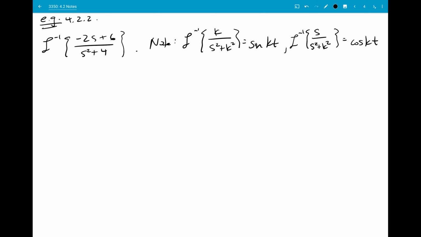So those also would come from that table of inverse Laplace transforms that you should be referring to regularly. So we see s squared plus 4 in the thing that we want to take the inverse Laplace transform of. So that means that k squared is equal to 4. So that means that k is equal to 2.